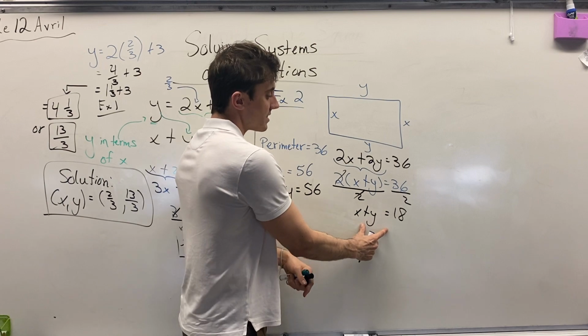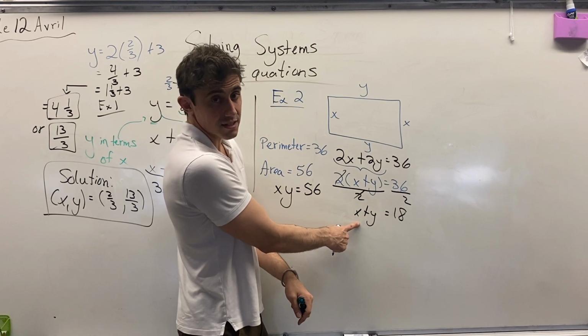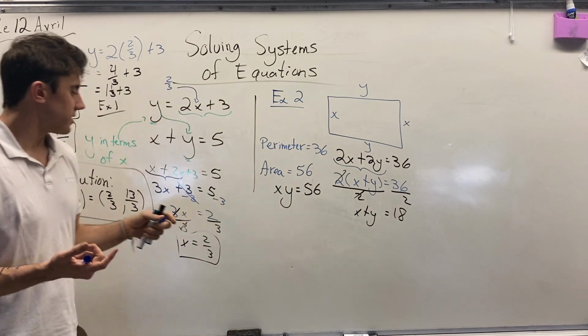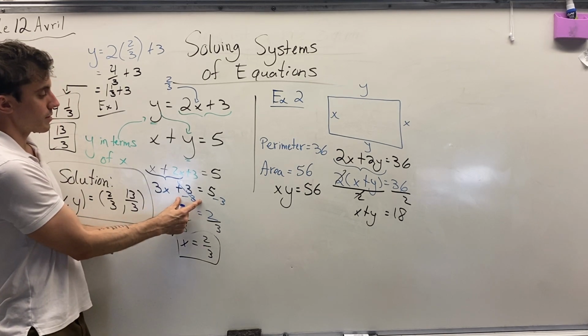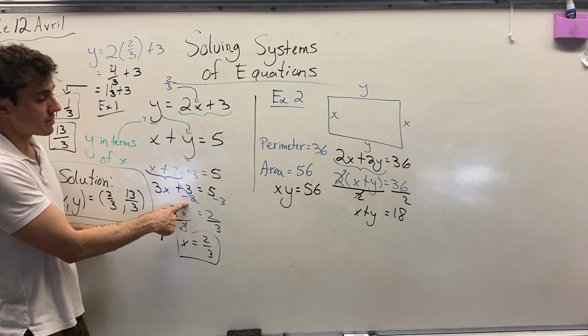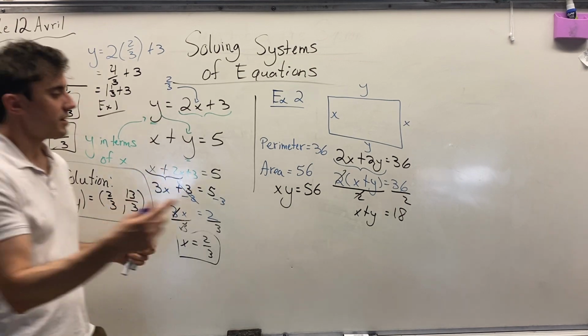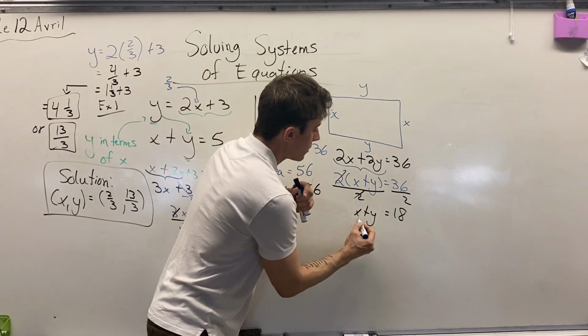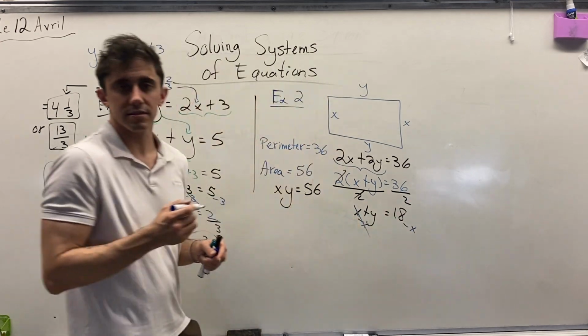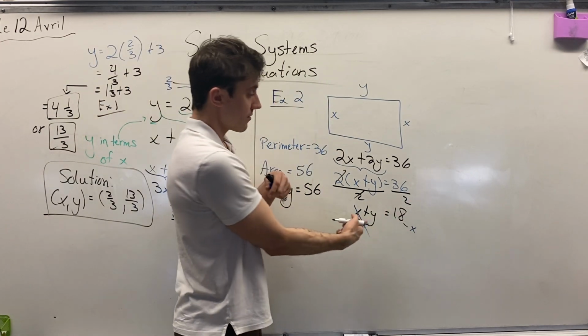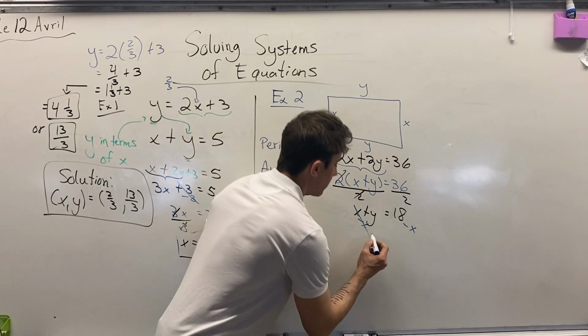If we want to get y by itself, we want to get rid of the plus x, and the same way that we get rid of the plus 3 by subtracting 3 down here, we can do the same with variables. And so if we want to get rid of the plus x, we can simply subtract x on both sides, and so x minus x goes away. And now we just have y on the left side.